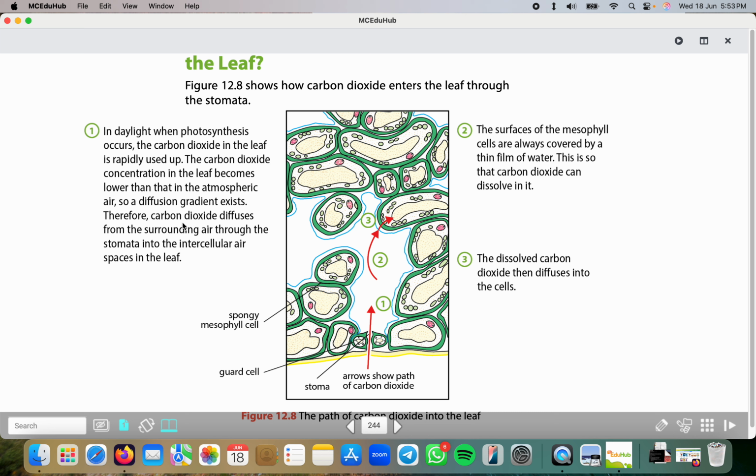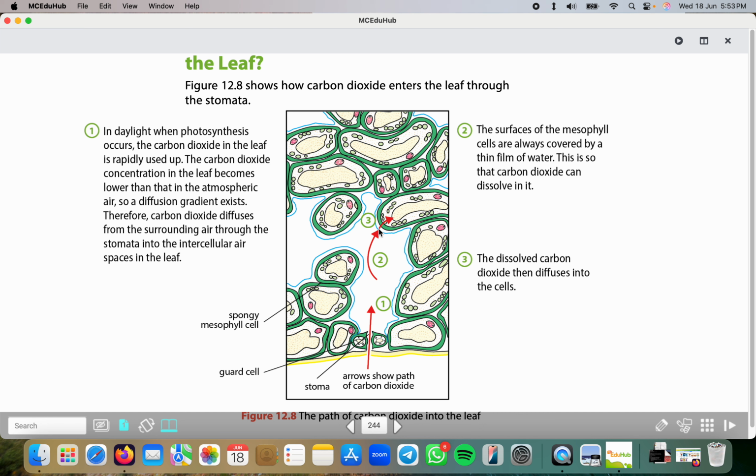So the carbon dioxide will diffuse from the surrounding air through the stomata into the intercellular air spaces in the leaf, as represented by this red arrow. Now, the surfaces of the mesophyll cells, both your spongy mesophyll as well as your palisade mesophyll, are also covered with a thin film of water.